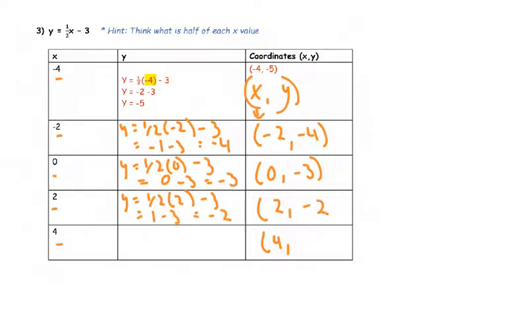Remember, if I have $1 and I borrow 2 more, I would be 2 in debt. What is 1/2 of 4? 2. 2 minus 3. 2 is smaller than 3. So my answer is negative.